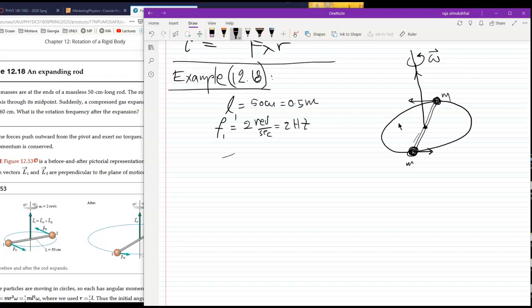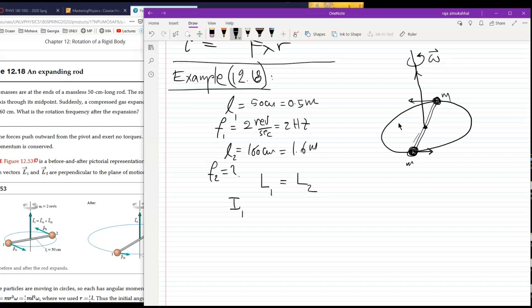And then later on, the length has increased to 160 centimeters, 1.6 meters, right? And he's asking what is the frequency. Pretty simple problem, I hope, right? So one way to do it is to use conservation of angular momentum, L1 and L2.